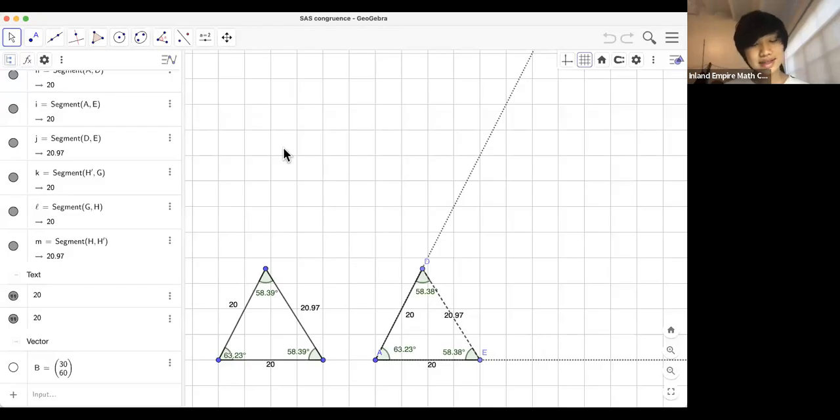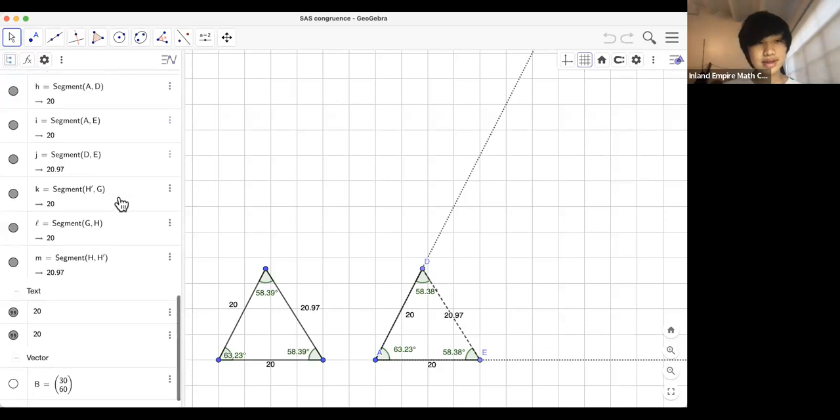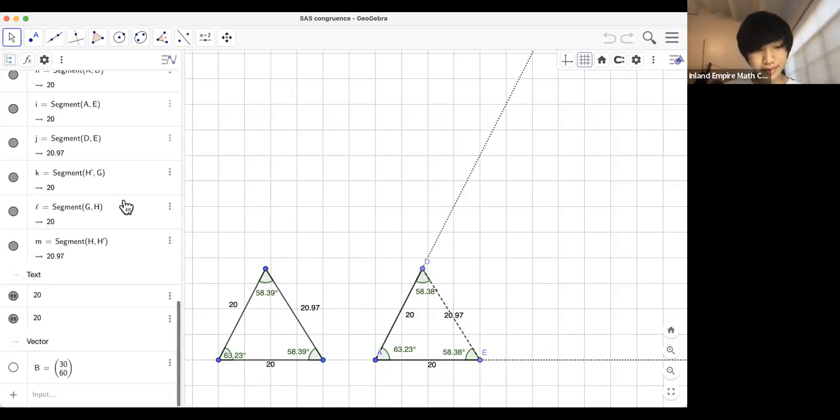Let me share a different window. This will make it a lot clearer because all of these letters, SAS, ASS, are kind of confusing, right? So let's have a look at exactly why SAS exists. So this is SAS congruence.